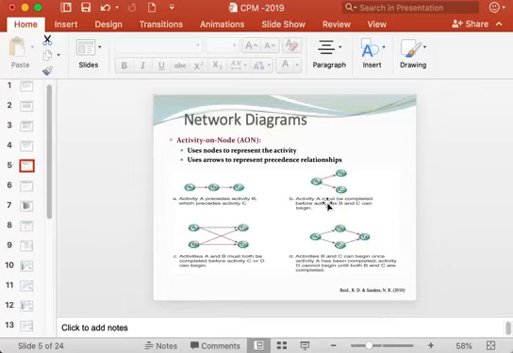So if you have such a logical sequence in the activities, then you have to draw the network like this.